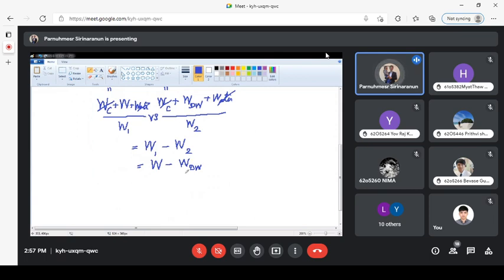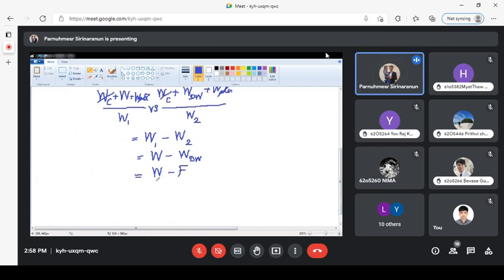And you know the weight of the disappeared water, what does it mean? It means the buoyancy force. Yes?